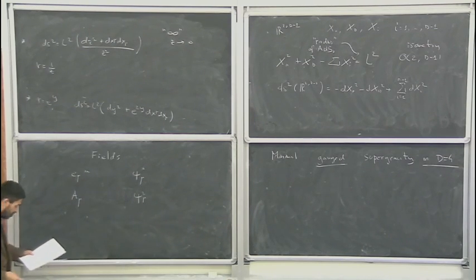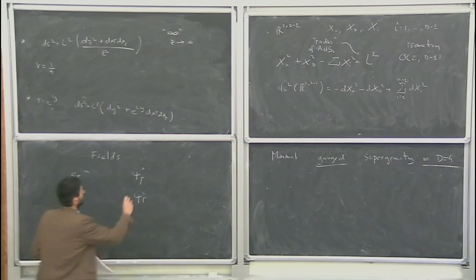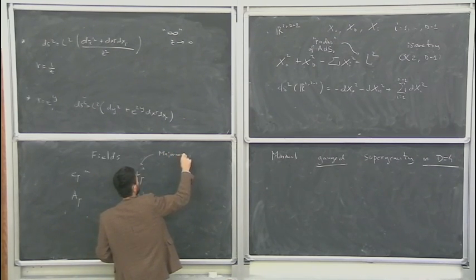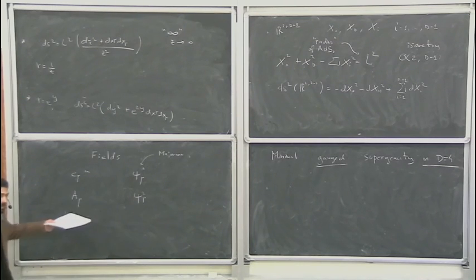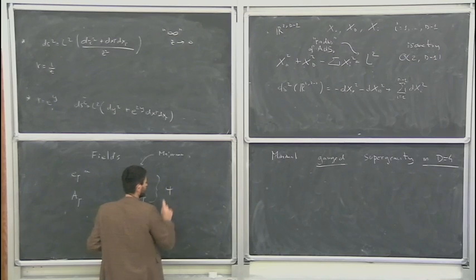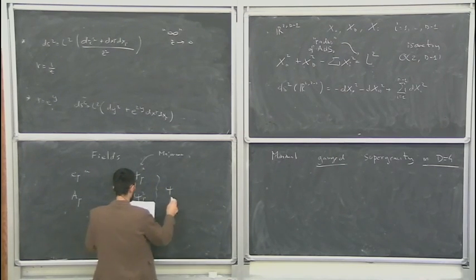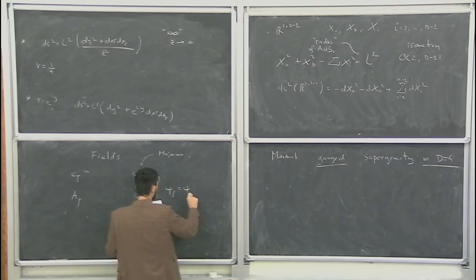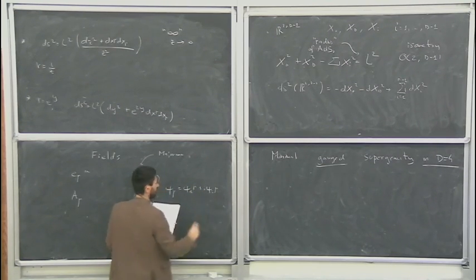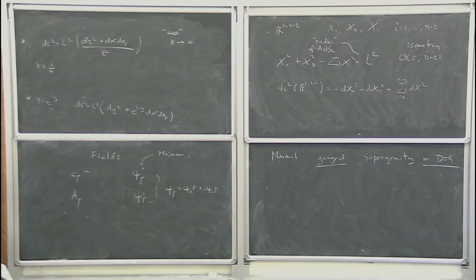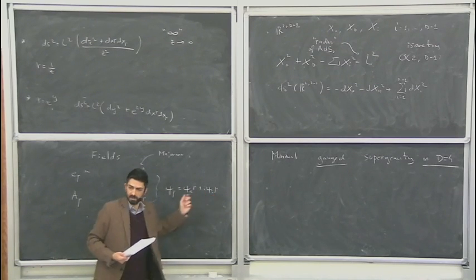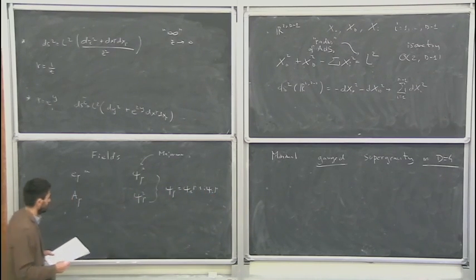So in a convention in which these are Majorana spinors, there are two Majorana, and then I can group them together in a Dirac spinor, which I will call psi mu. Okay, and I will from now on essentially forget about these different Majorana components of the Dirac gravitino.